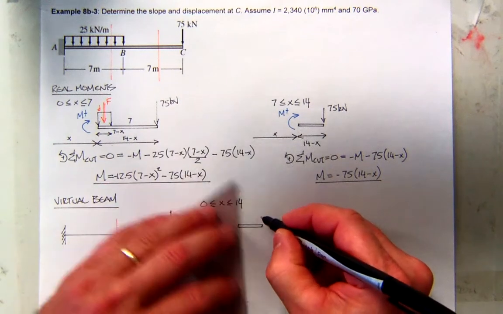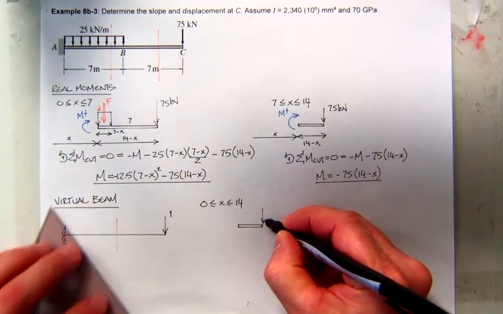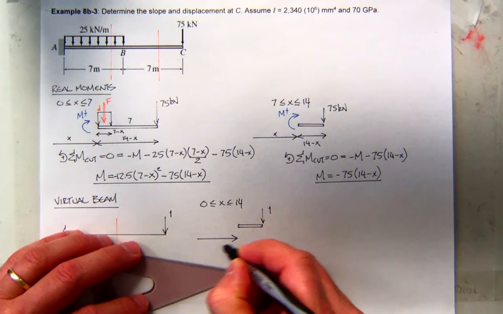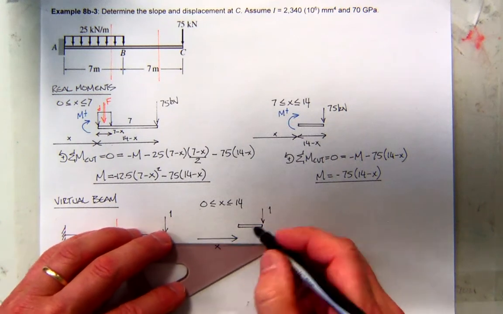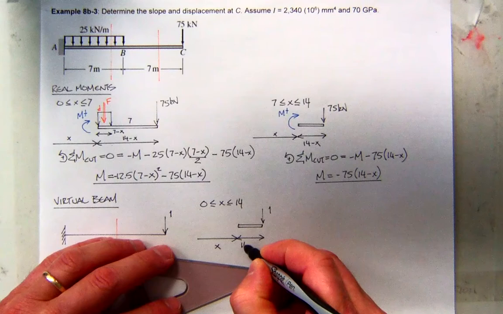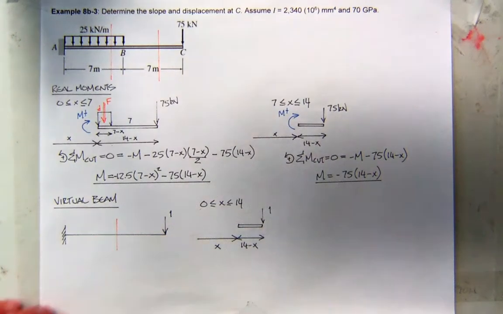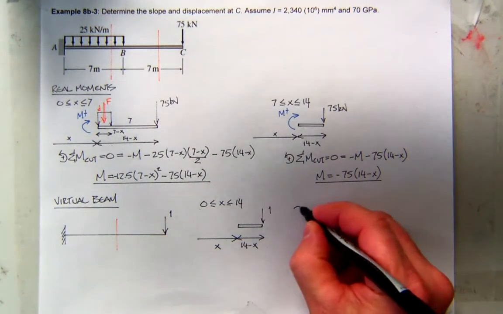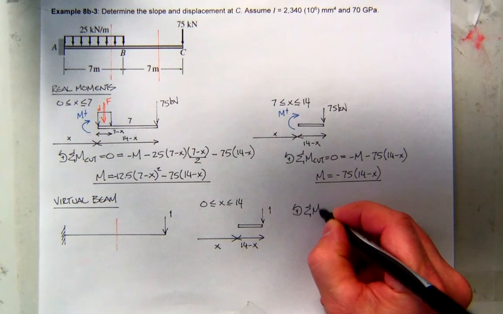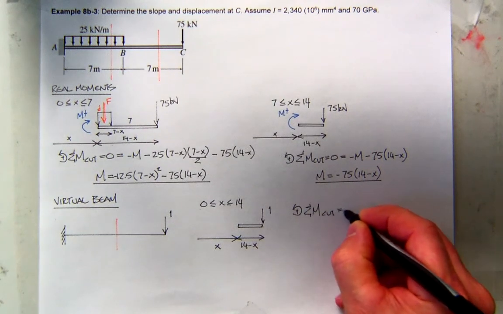There's my right-hand segment. There's my virtual load of 1. Remember, we're cutting it at any arbitrary x we want between 0 and 14. So the remaining piece here should be the length 14 minus x. And of course, if you sum moments at the cut, make sure it's in equilibrium.